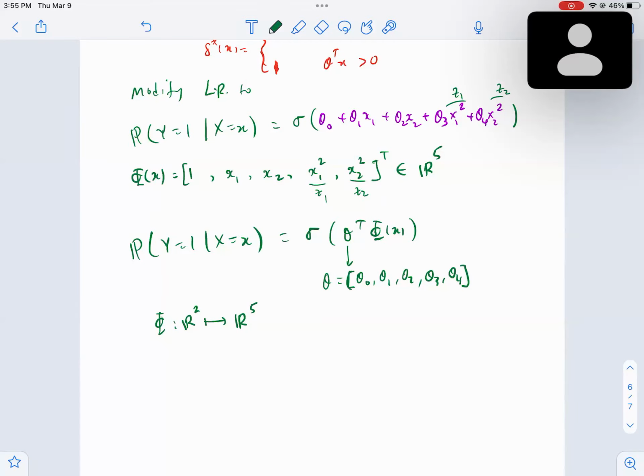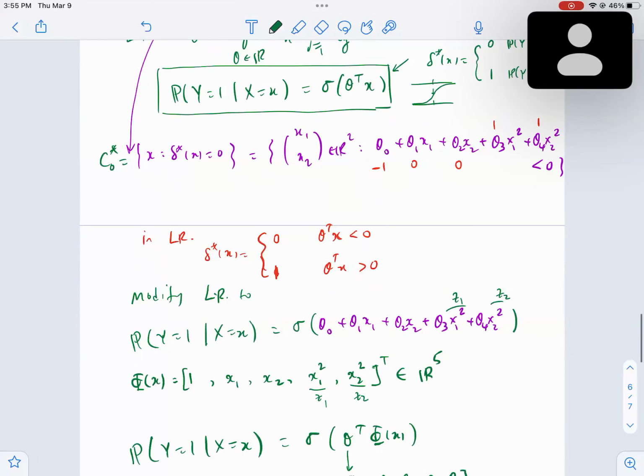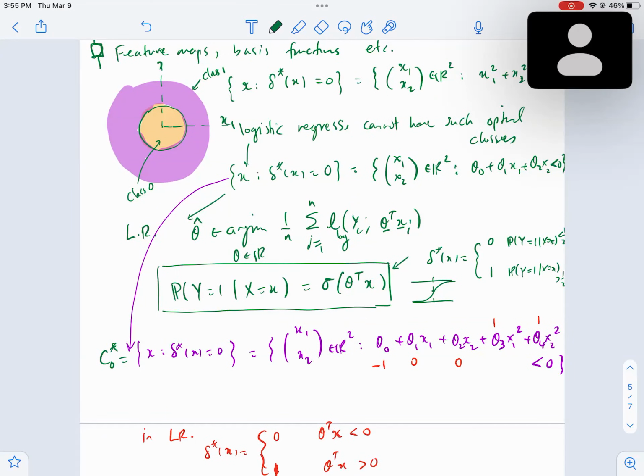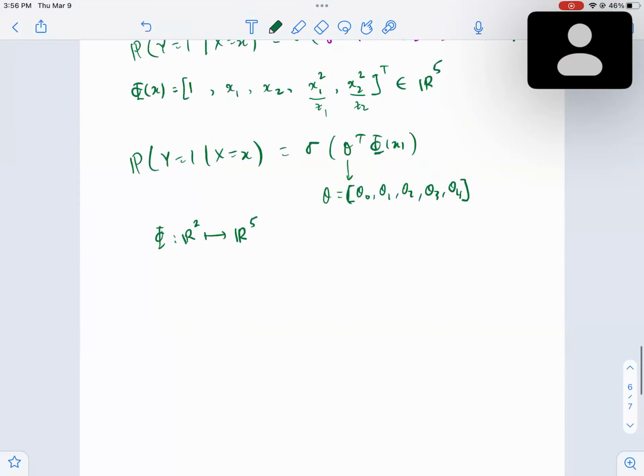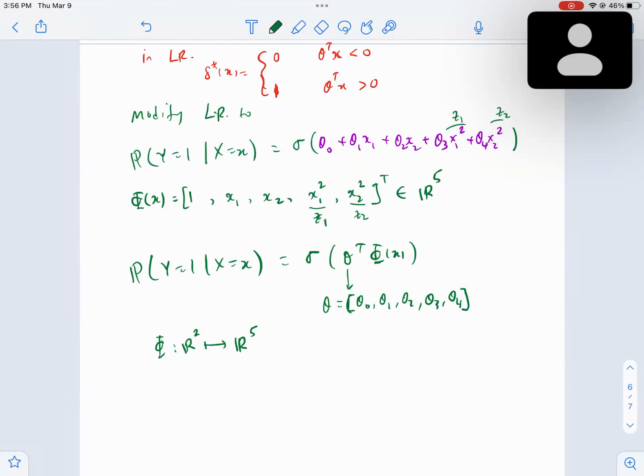You map your features to some higher dimensional space. In that higher dimensional space, the decision boundary is actually linear. The decision boundary in this x1, x2 space looks like a circle, but if you map it to this five-dimensional space, there you can separate everything by a hyperplane.